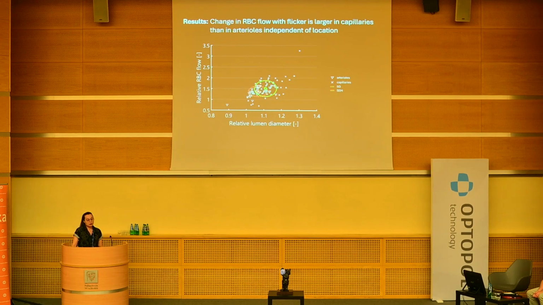We also made this graph to see the dependencies between the RBC flow and relative lumen diameter. And even though there are a lot of overlapping areas in this plot, the induced flicker not only dilates smaller vessels more, but also makes the relative RBC flow larger than in arterioles.